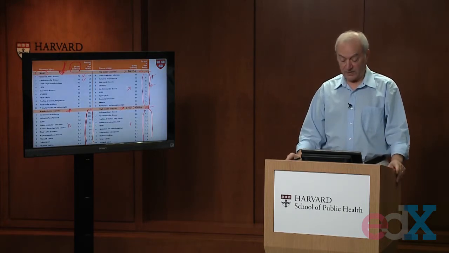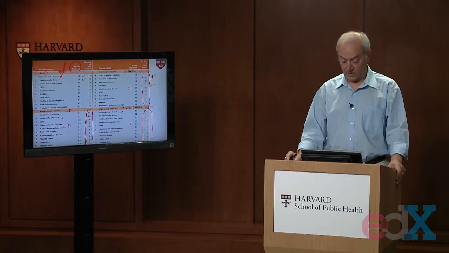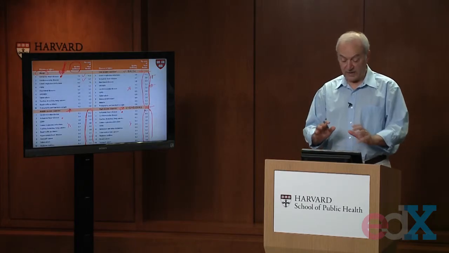But from this you can see that, for example, the number one over here, ischemic heart disease, is not a 1 here, and it's not a 1 here, it's number 2 here, but it's a 1 here. So somehow what's happening in the high income countries influences the overall world average. So averages are fascinating things to deal with, and we'll attack that shortly.